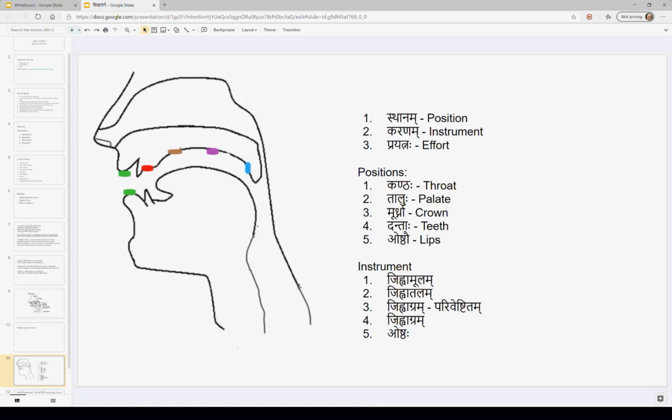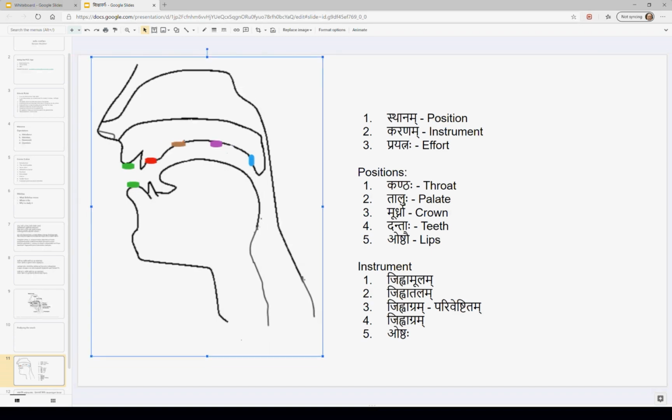Yeah, I mean, it feels like touching, but it should not actually. It does not touch. The air passes there. Yeah, air passes, that is correct, but it does touch the teeth on the sides. No, actually, this one is raising up, right?